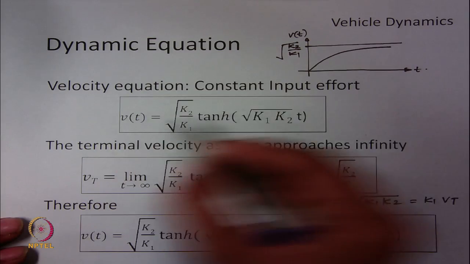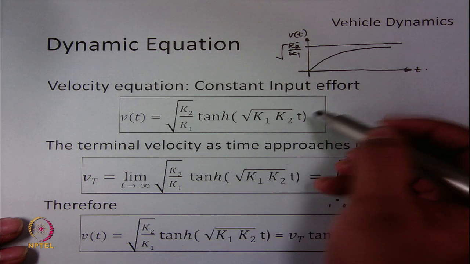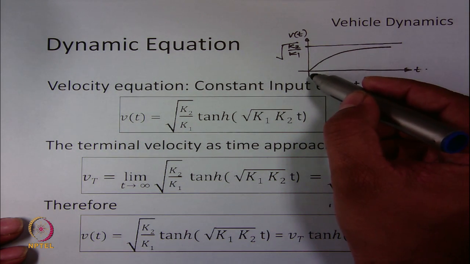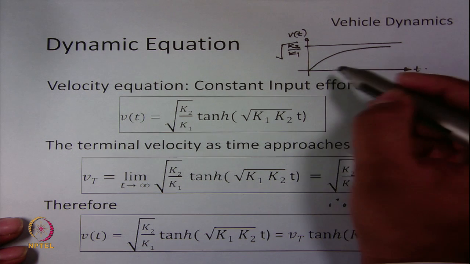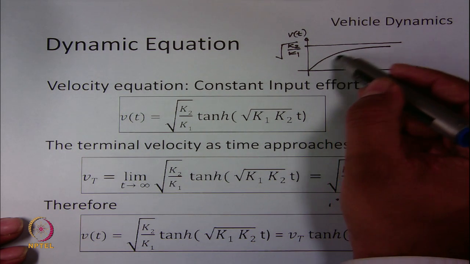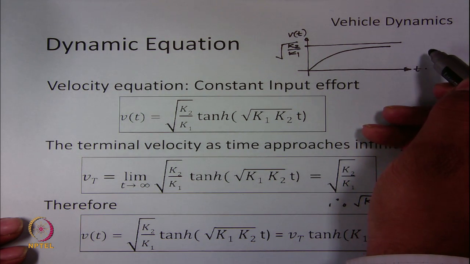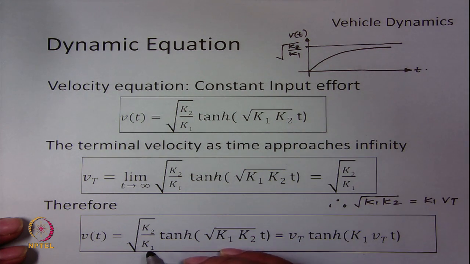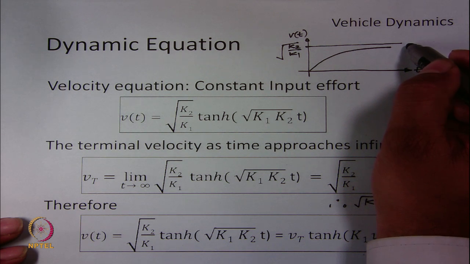So, what does this equation infer? It infers that the velocity will start from, let us say, 0 meter per second, and it will move towards a steady state value as the time elapses. So, what is the steady state value of this velocity?